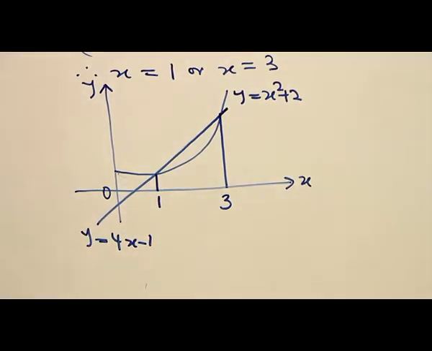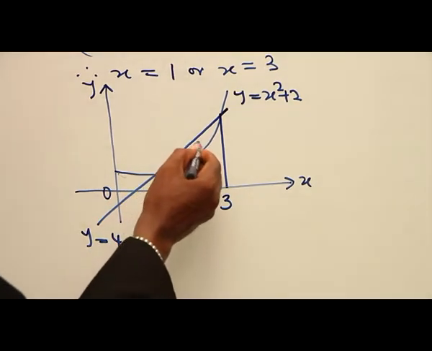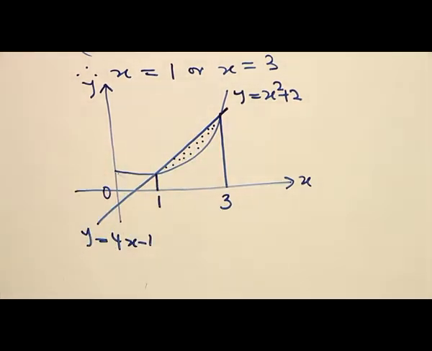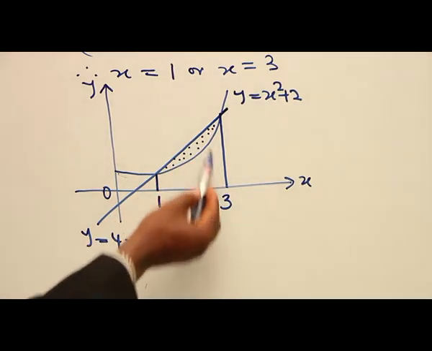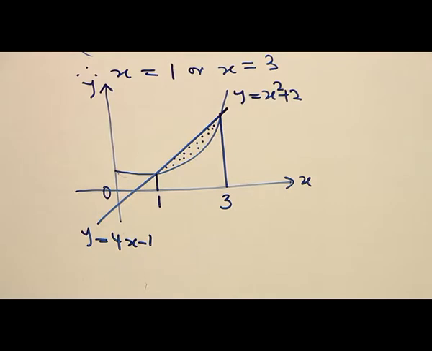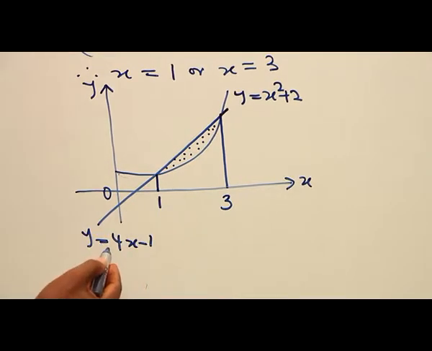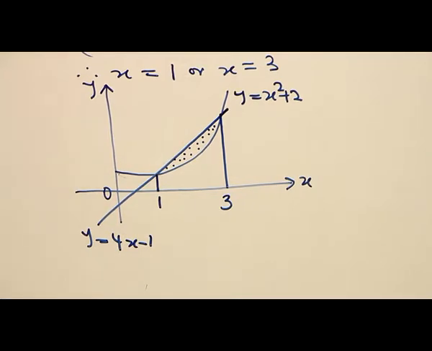You are interested in the area enclosed, and this is the region we are interested in. And of course, y equal to 4x minus 1 occupies a greater region than the curve y equal to x squared plus 2, so that we need to integrate this and subtract the value of the integral of y equal to x squared plus 2.